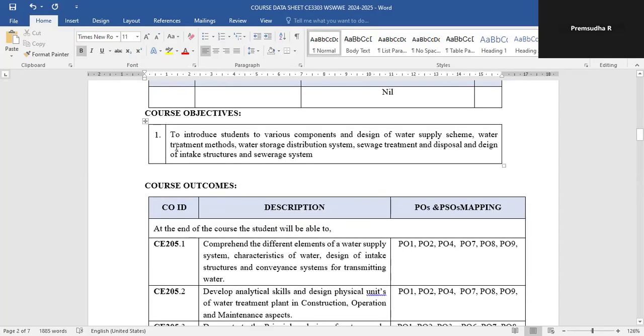The course objective, as you can see, is to introduce the students to various components and design. You will be able to design the water supply scheme, water treatment methods, water storage and distribution systems, sewage treatment and disposal, and design of in-state structures and sewerage system.